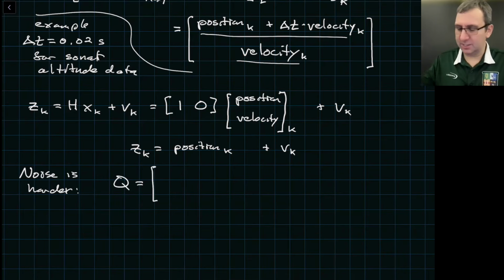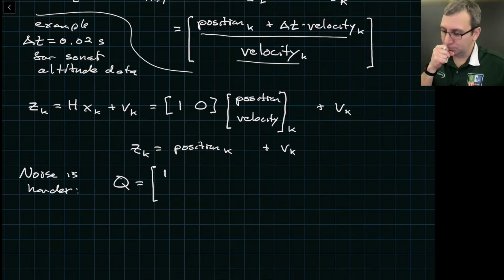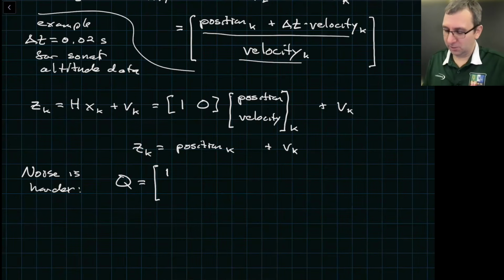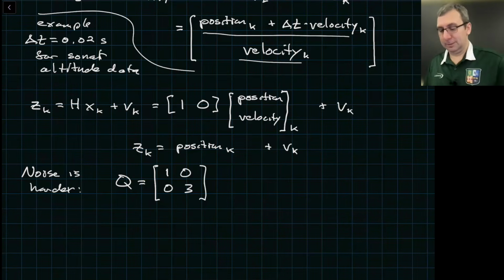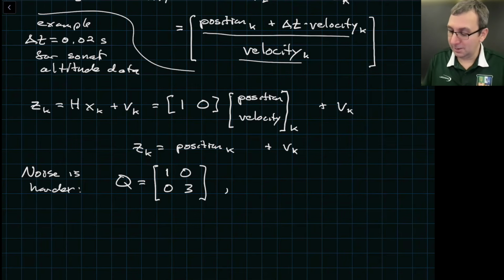I'm just going to say as an example, and we won't be able to do the numerics today, that Q, remember, has to be 2 by 2. I'm going to say I know the position better, so that's 1. And this Q comes from the process noise. From my point of view and your point of view, these are just utterly made up.